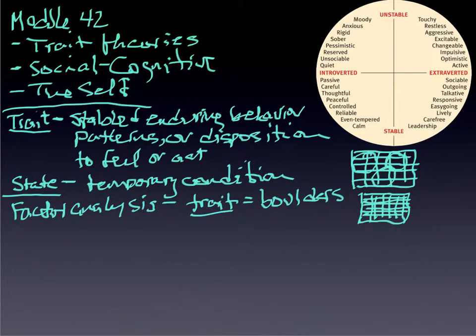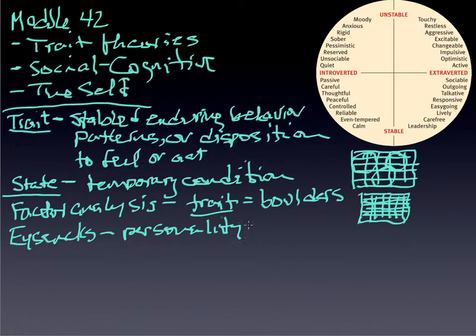And so two researchers in particular that did this were the Eysencks, Hans and Sybil, and they came up with the fact that personality can range along two different dimensions.